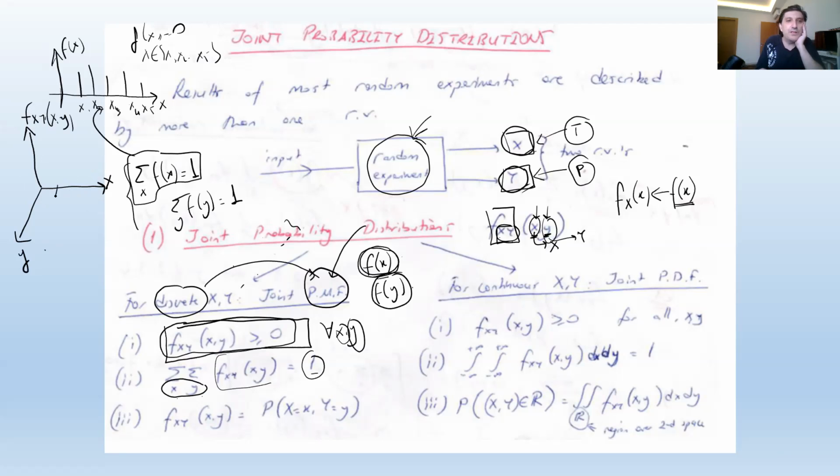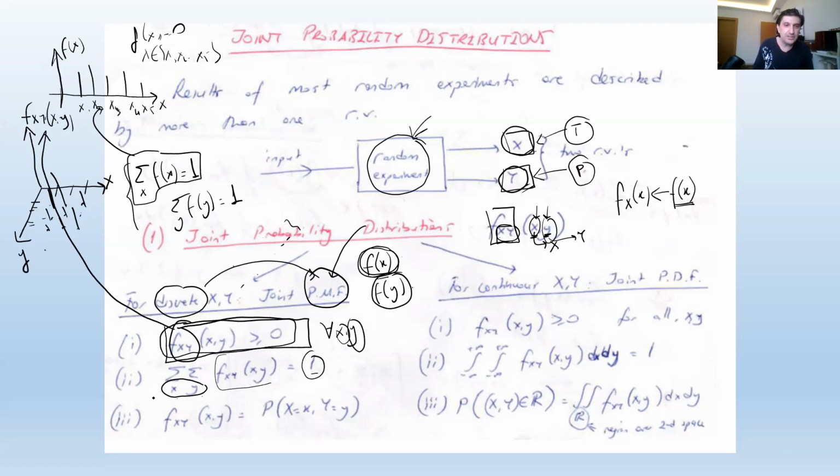And we are going to be talking about a meshed region. So there's going to be, again, some discrete x values with non-zero probabilities, and some discrete y values with non-zero probabilities. So for each of these points on a mesh, we are going to have a different probability mass function value. And actually, this is exactly what we are talking about: fxy is going to be the probability of each of these points on that area.